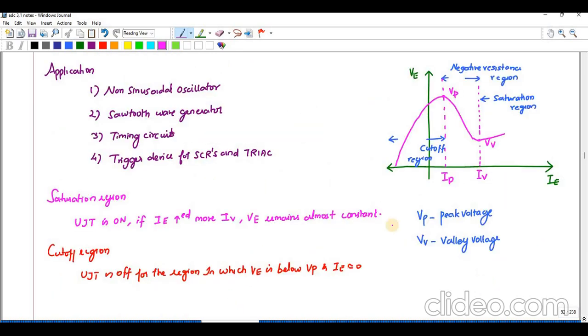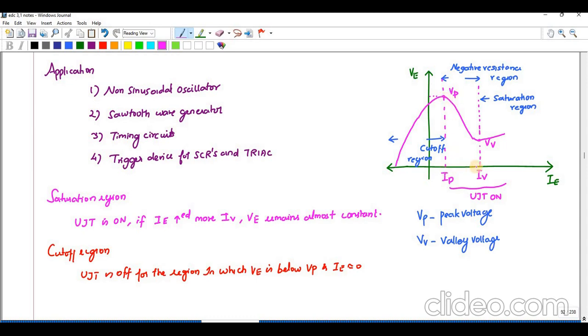You can see that till this point it is in cutoff. Whenever VE is equal to VP, the UJT turns on. Once it turns on, if VE starts increasing, more and more emitter current will flow.